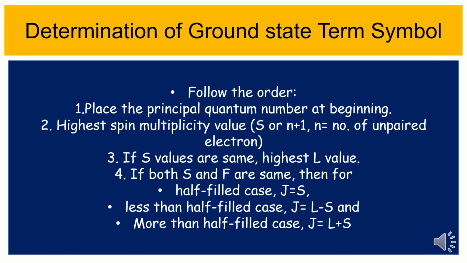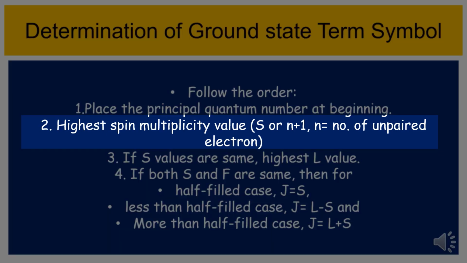And what are those? First of all, which sometimes is not needed or not represented, but you need to keep it in mind that at the very first we have to write the principal quantum number of the element. Next, if we have different values of ground state term symbol, we need to go for the highest spin multiplicity value.